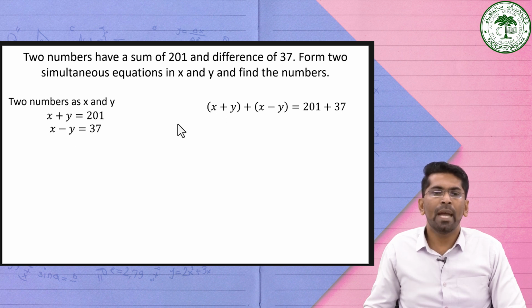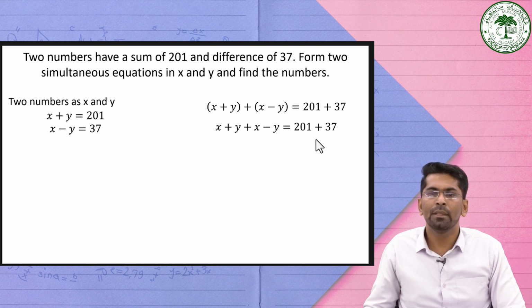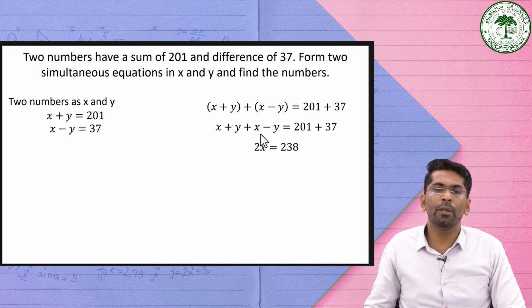So I am adding both equations: x plus y plus x minus y is equal to 201 plus 37. Opening the brackets, x plus x becomes 2x, and y minus y cancels out. So 2x is equal to 201 plus 37, which is 238.